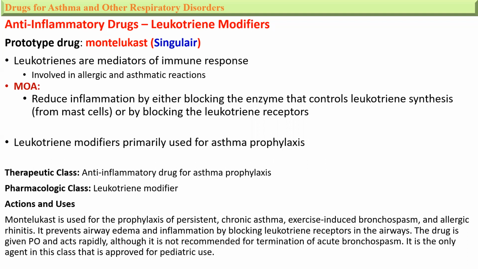So it relieves edema, inflammation, and bronchoconstriction. Leukotriene modifiers are primarily used for asthma prophylaxis. It will reduce the inflammatory component of asthma.